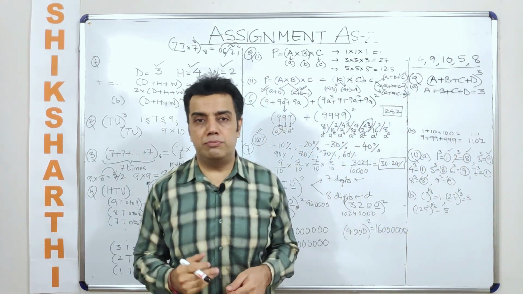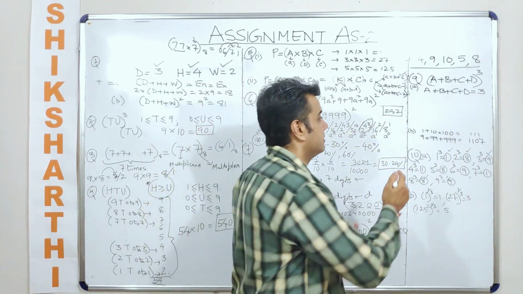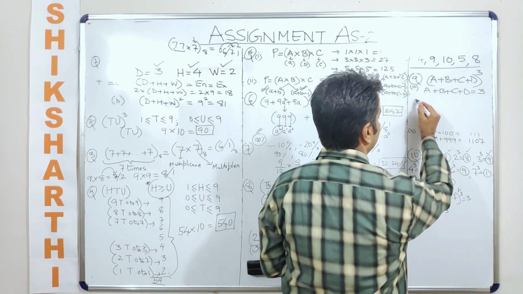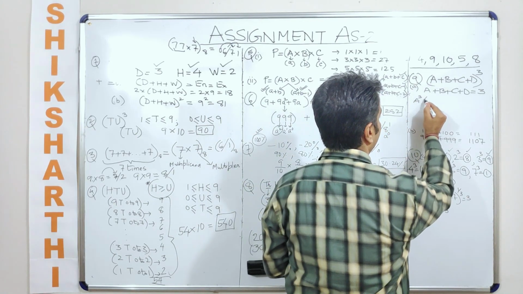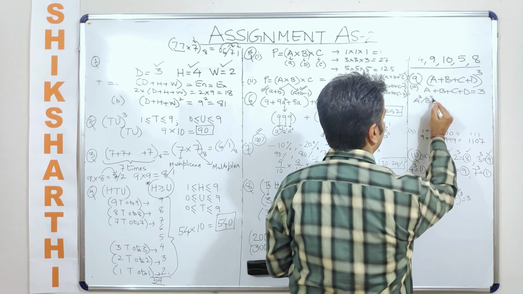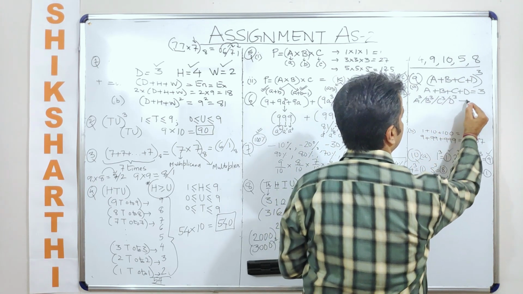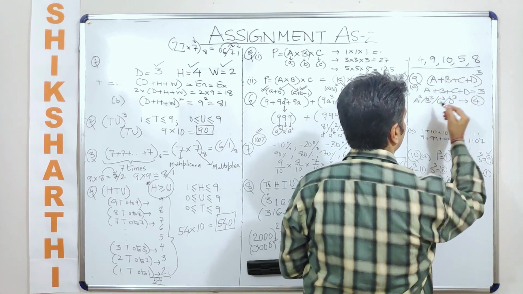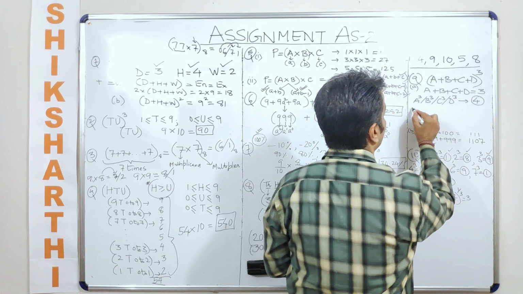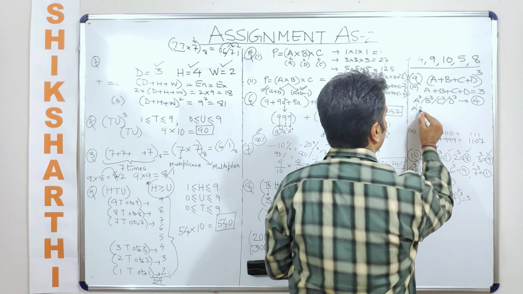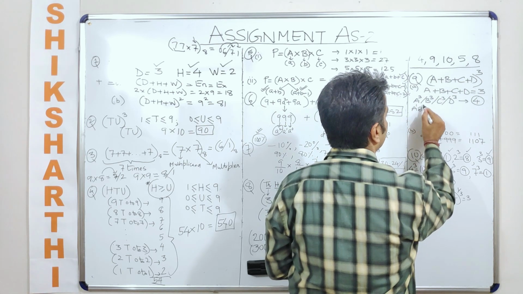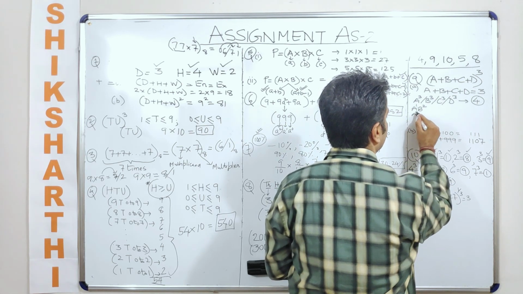I'll repeat, we have to distribute the powers among these 4 variables. So there'll be cases wherein the entire power gets distributed among exactly one of these variables. How many such cases would you get? 4 such cases. Or now the power gets distributed like this, or like this.